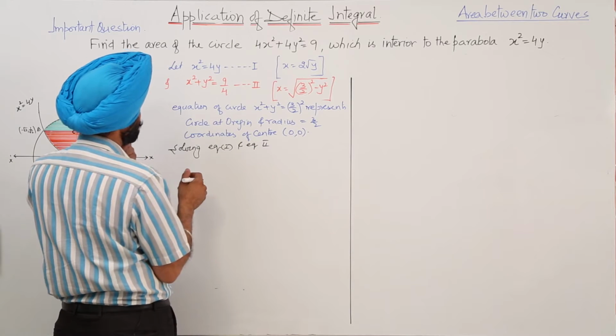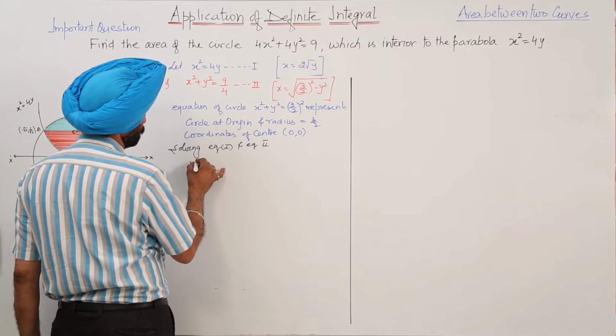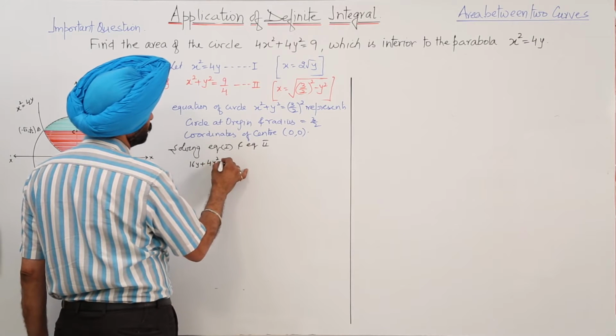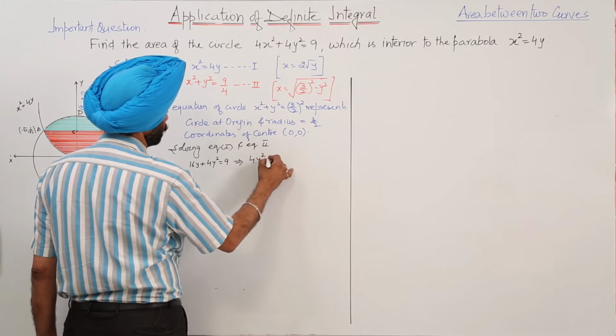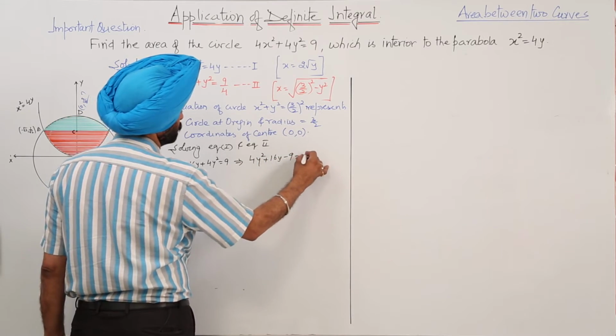For equation 1 and equation 2 what we are getting: 16y plus 4y square is equal to 9, and this implies 4y square plus 16y minus 9 is equal to 0.